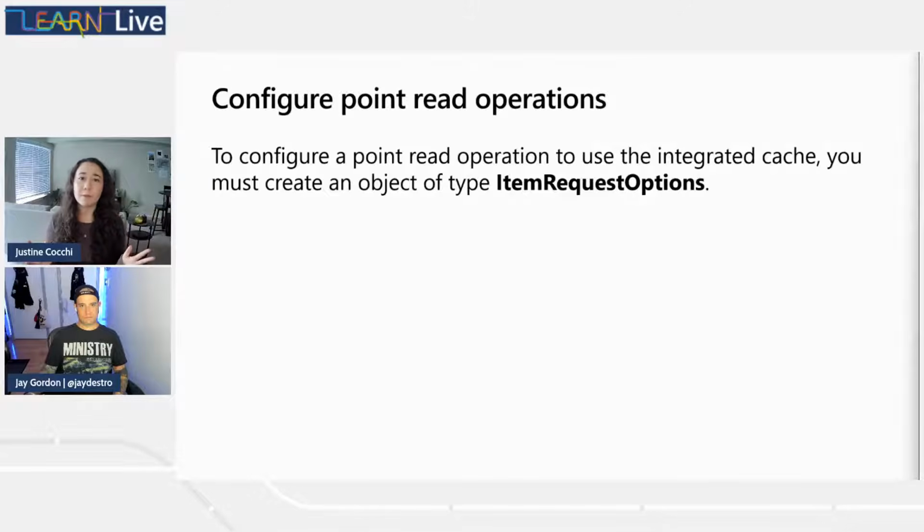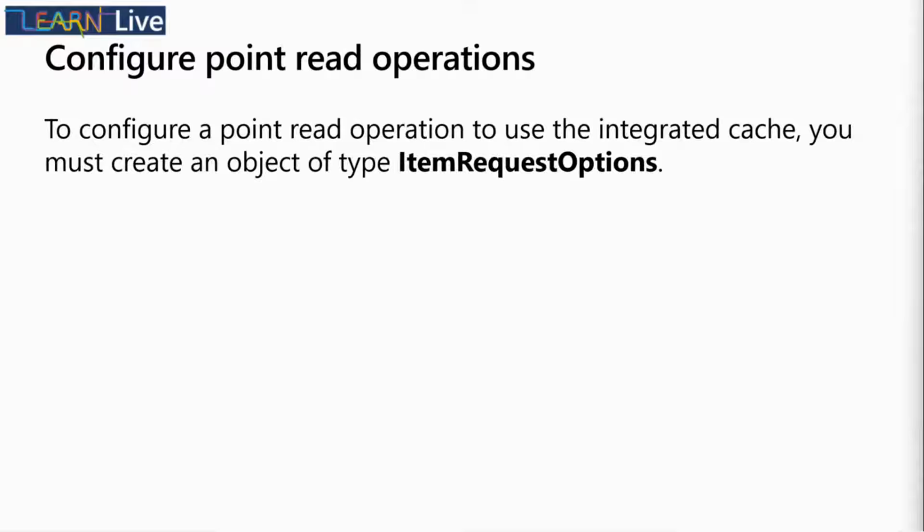The point reads would go against that item cache that we mentioned in the beginning. To configure a point read to use the integrated cache, you really don't have to do much. Your code could look exactly the same, but if you did want to change your consistency level or cache staleness, which I promise we'll dive deeper into later in this session, you can use the item request options object to do that.